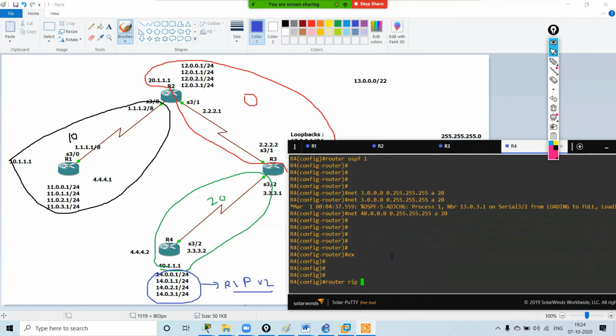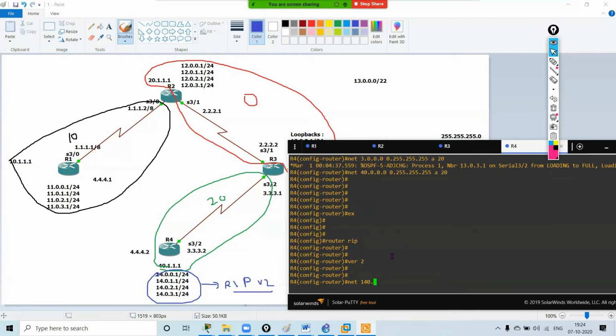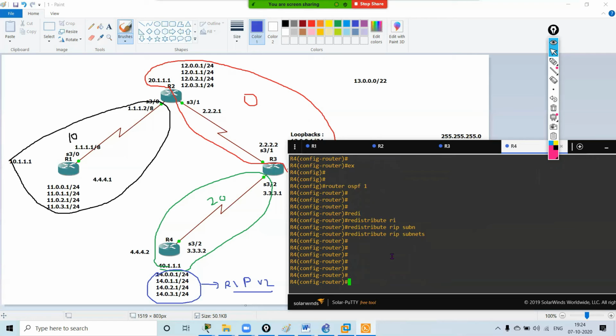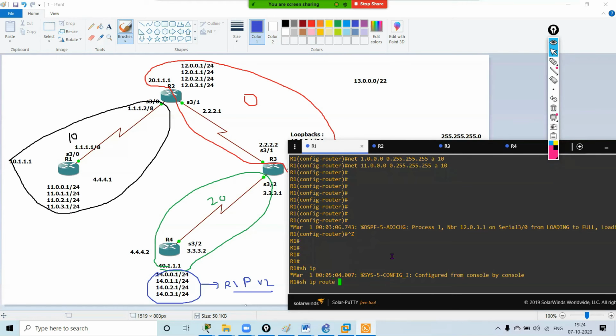Then router RIP version 2, network 14.0.0.0, no auto-summary. I'll redistribute the routes, redistribute RIP subnets. Okay. If I see over here, show ip route ospf.